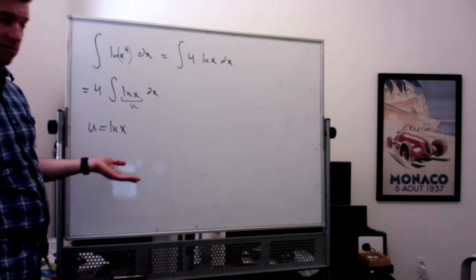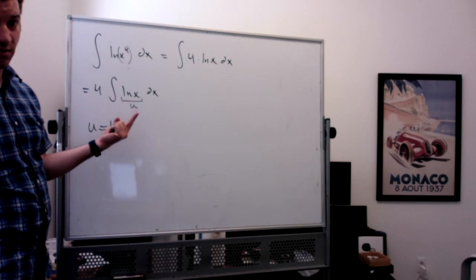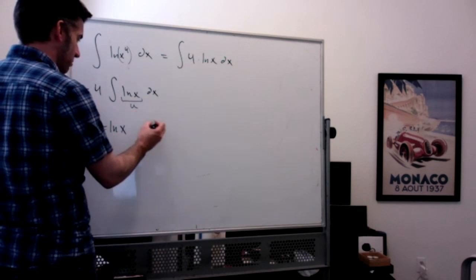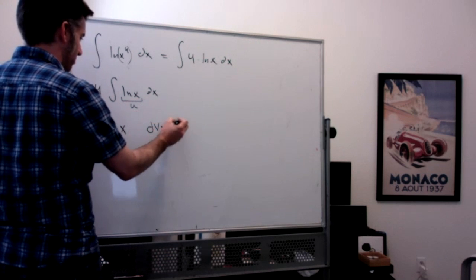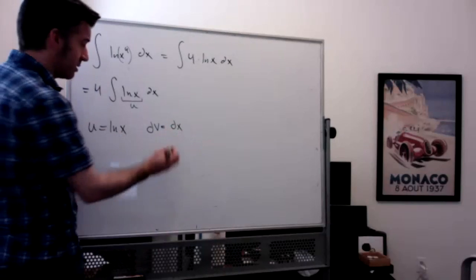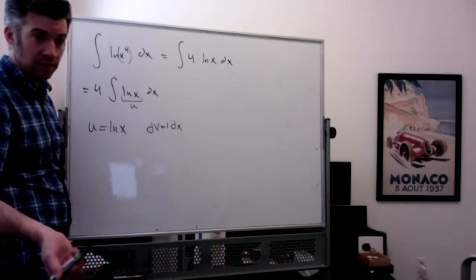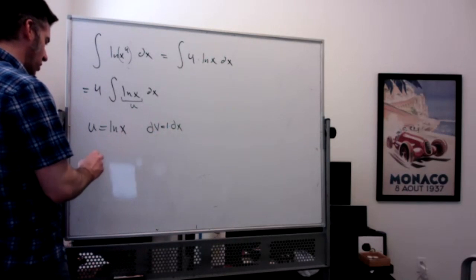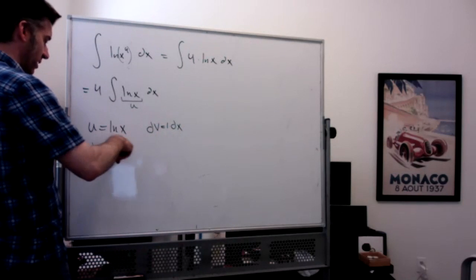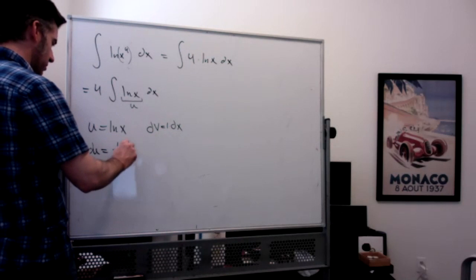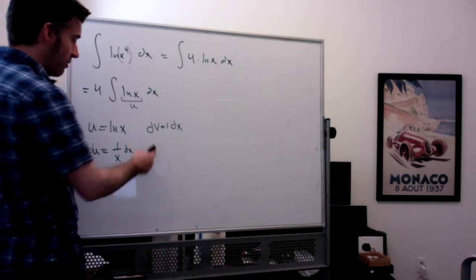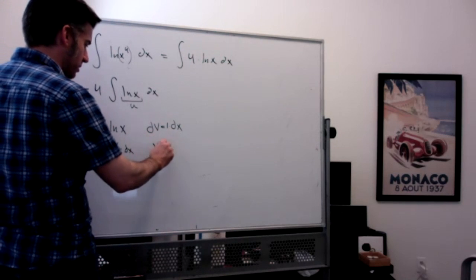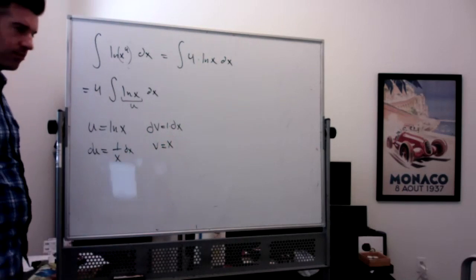Well, there's only one thing left in the integral. Or if you prefer, you can say it's 1 times dx. So then the derivative of u, the derivative of natural log of x, is 1 over x times dx. And then the antiderivative of 1 is x.